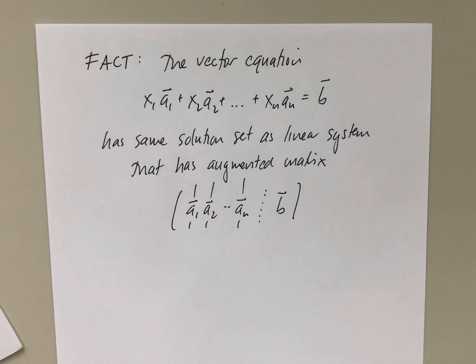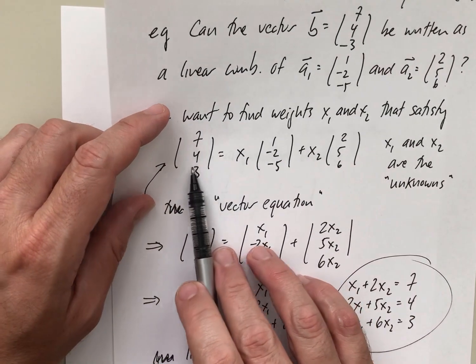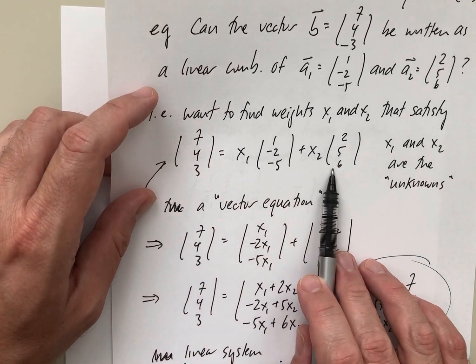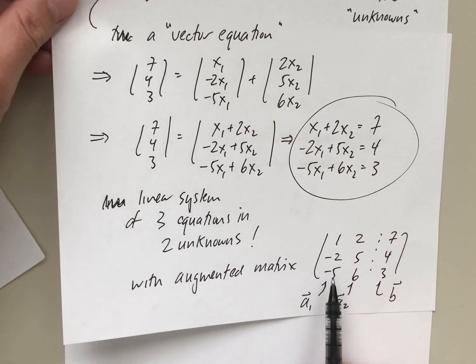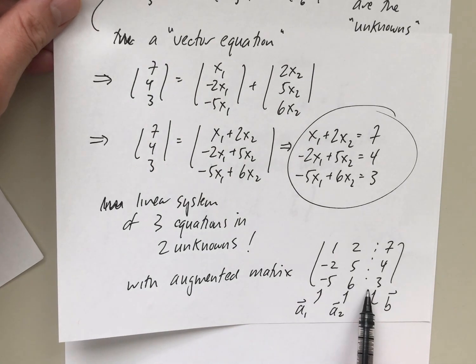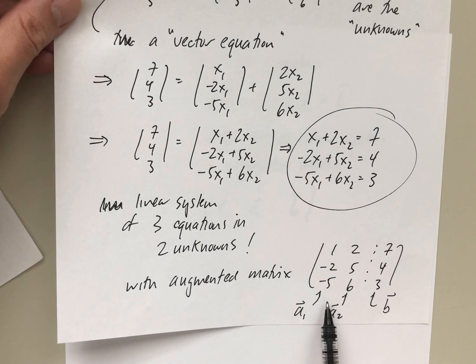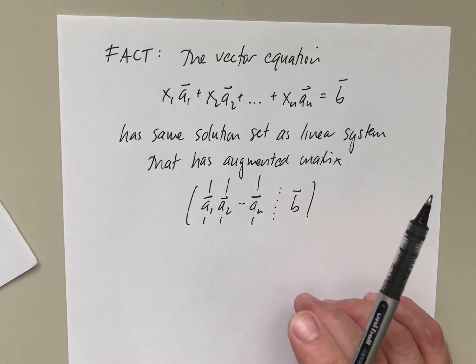Let me go back to my picture here. Remember, in this example I was trying to write this vector as a linear combination of these two. I just encode that in this system, where the right-hand side becomes the vector I'm trying to write as a linear combination, and the left-hand side are the vectors that I'm using. And that's what I'm saying here in general.